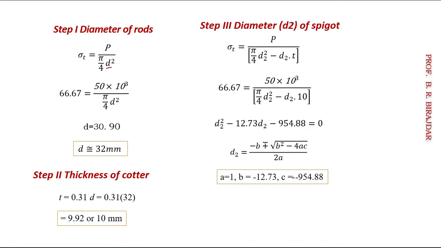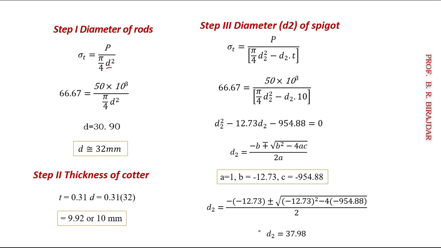So that we have written here as a, b, c. I will put these values in the above equation. Then we will get the roots of this equation, that is, diameter of spigot d2 is equal to 37.98, and we round this up to 40 mm.